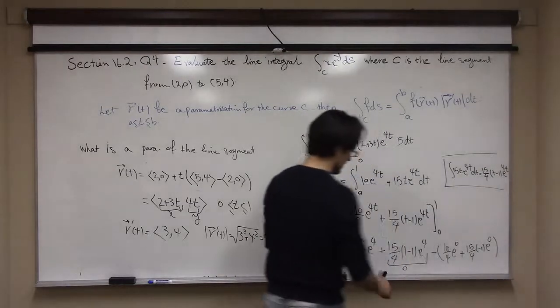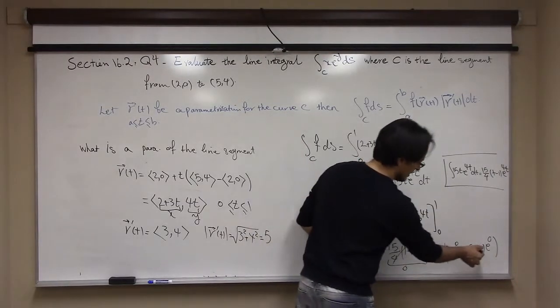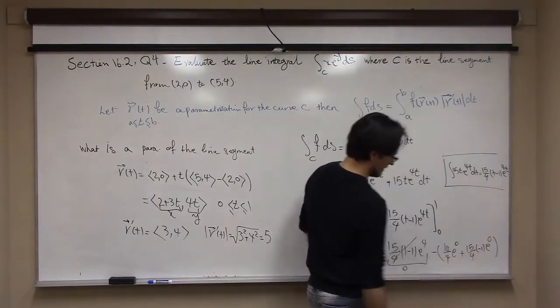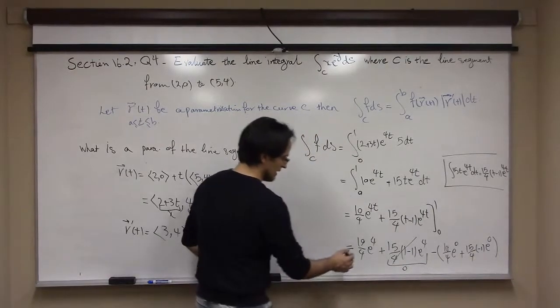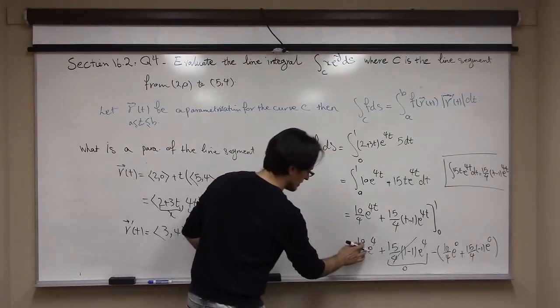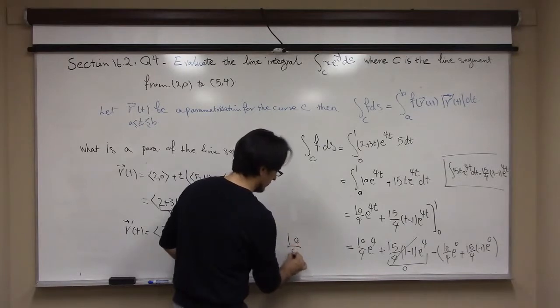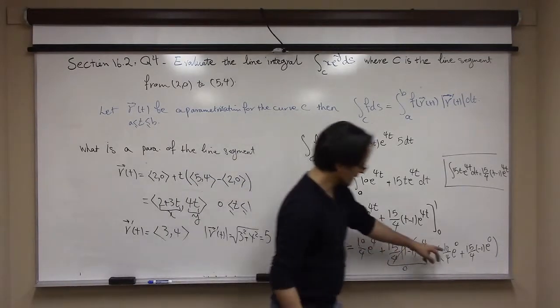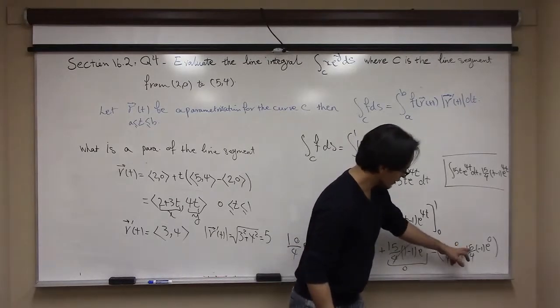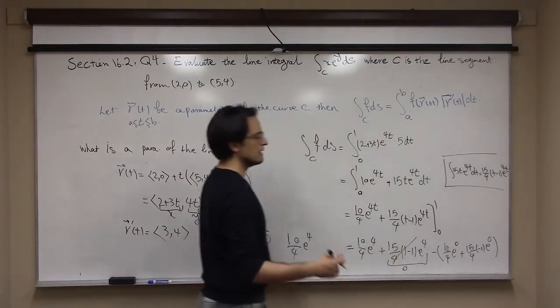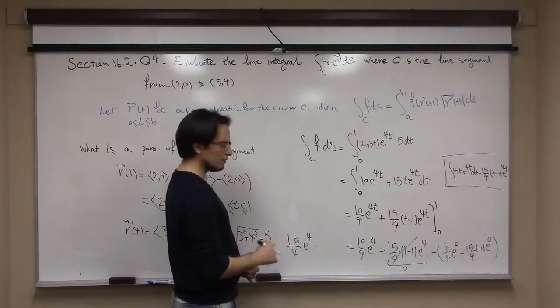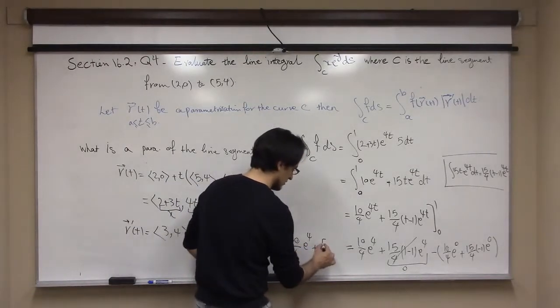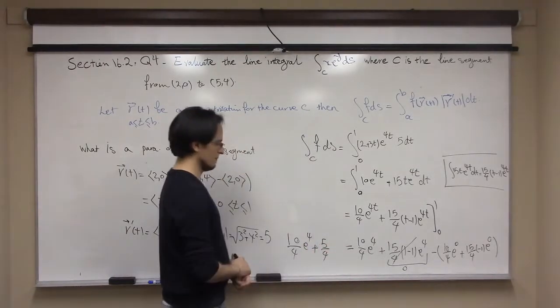You can simplify this thing. So this is 0, this is 1, this is 1, and we get 10 over 4 e to the 4. And here I get 10 over 4 minus 15 over 4, which is negative 5 over 4, so the answer is 10 over 4 e to the 4 plus 5 over 4.